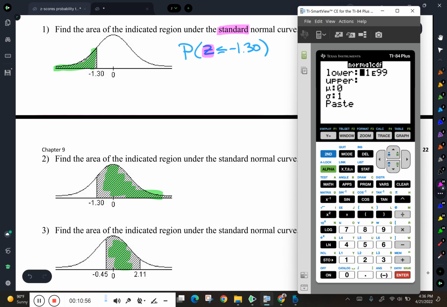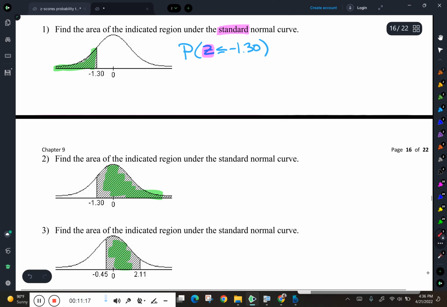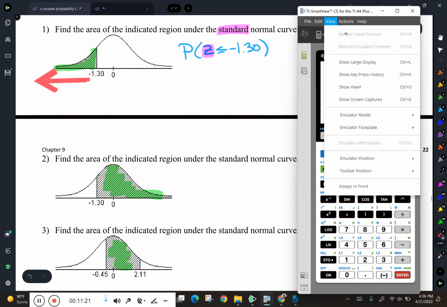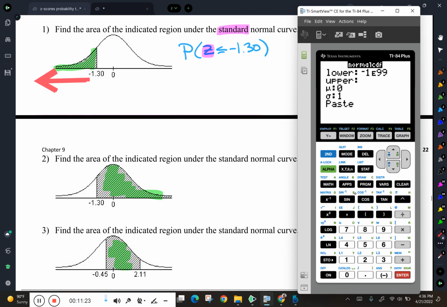I'm going to punch that command up, and it's going to bring up this or something that looks similar to this. Okay? If you happen to be using an 83, it'll look different, and I'll show you what to do in a moment. Okay? For us, we're going to put in a lower limit, an upper limit, a mean, and a standard deviation. The problem is I don't have a lower limit because in my picture over here, this just goes to infinity. So what do I do if I don't have a lower limit?